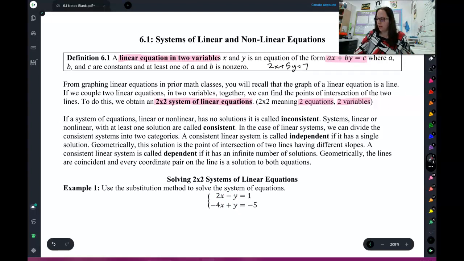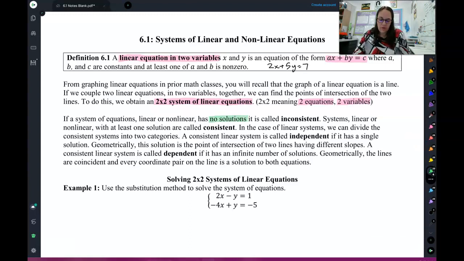Now, a couple other vocab words that we're going to talk about. Let's label these with colors. If the system has no solutions, we call that inconsistent. If it has at least one solution, we call that consistent.